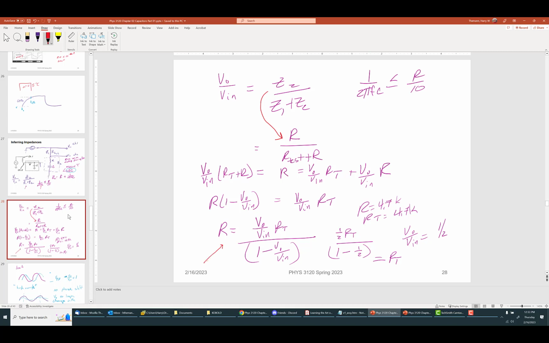And if we set R equal to RT, we notice that when we set V out over V in equal to a half, which is the equivalent of saying that R and RT are equal, then we see that, in fact, we recover R equals RT, just as we expected.